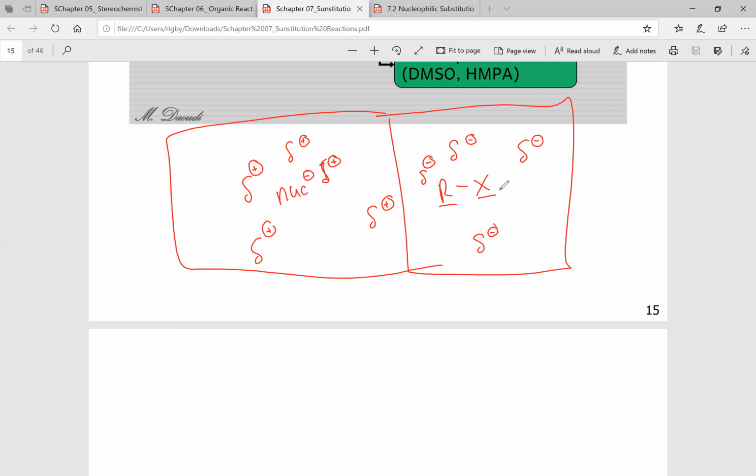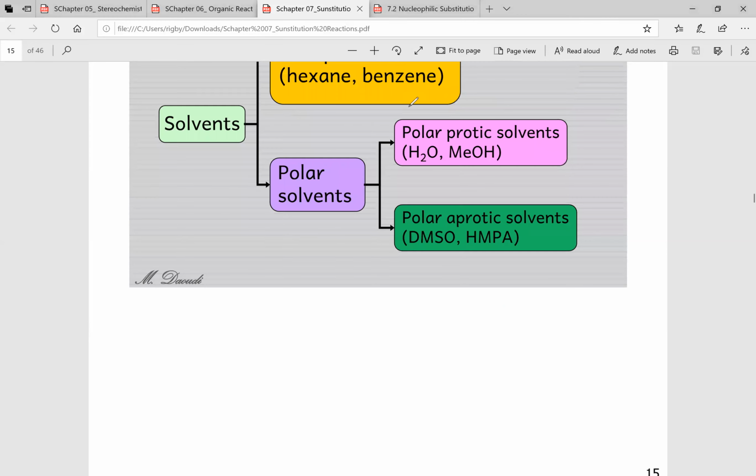So in this case, the nucleophile and the alkyl and the leaving group are very separated. So this guy has a lot more time to form a carbocation, okay? Since these guys are separated, there's more time for that second step to occur. So protic solvents prefer Sn1, okay?